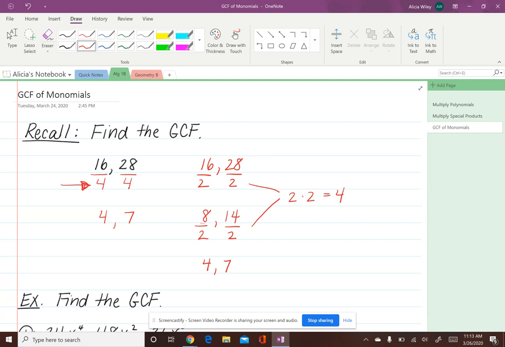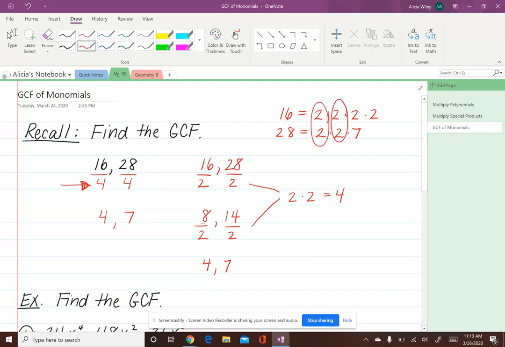Now, you can, on each of these, take the time and do your prime factorization of them. So I'll just do that up here because I'm sort of running out of room. 16 is 2 times 2 times 2 times 2, right? 28 is 2 times 2 times 7. And I can see that the most they have in common is 2 2's.